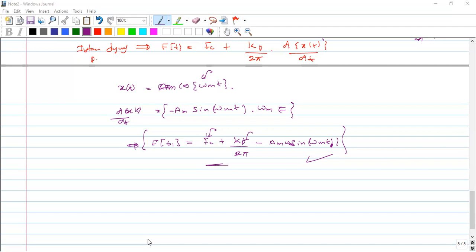So finally we will have this result. This is our instantaneous frequency, and the x dot t here represents the derivative. I hope you got the idea.